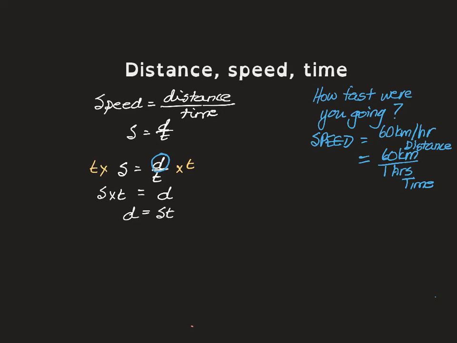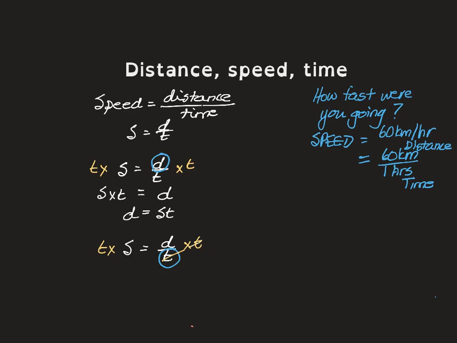And then the last one, if you start again with speed is equal to distance over time, how do you find out what time is? Well, that time's being annoying. It's sitting in the denominator of the fraction. So we're going to multiply both sides by t.